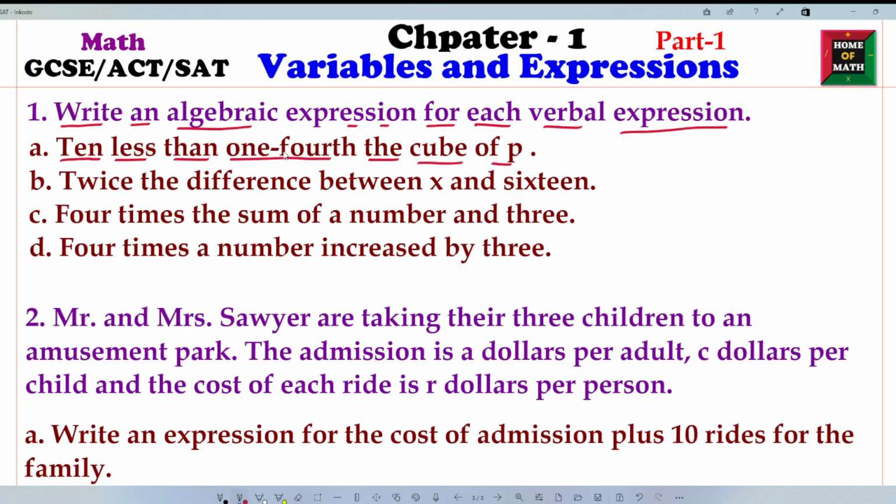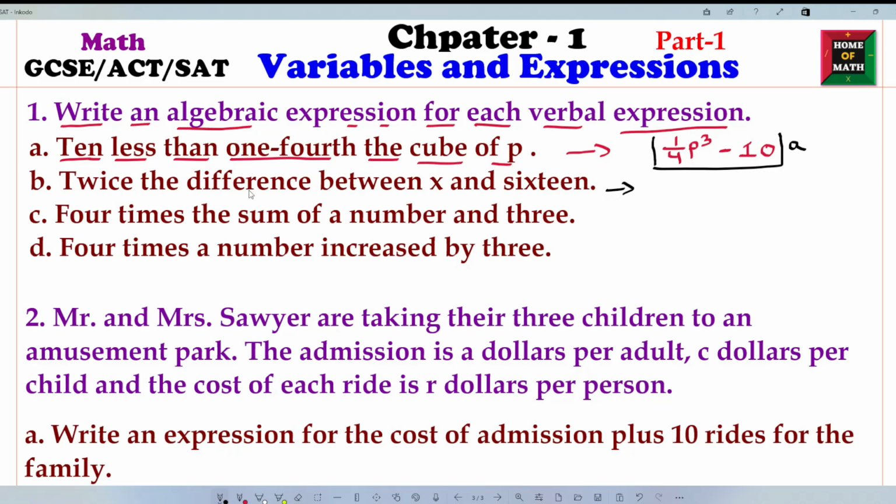So first, 10 less than means 10 is smaller than 1/4 the cube of p. 1/4 and cube of p means 1/4 p cubed minus 10. This is our first question's answer. It's A.